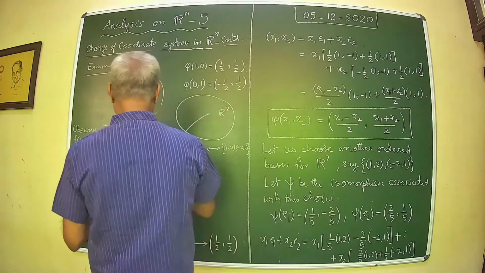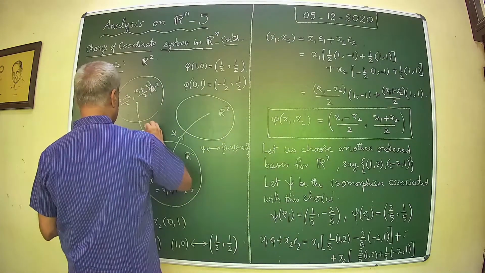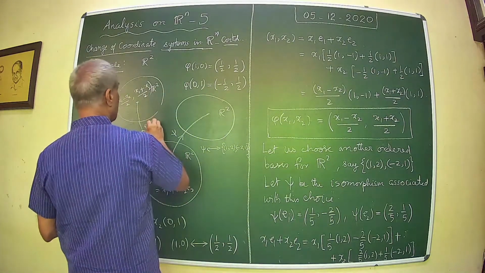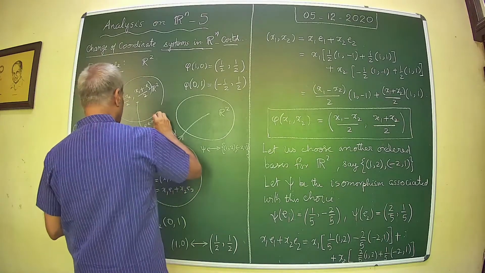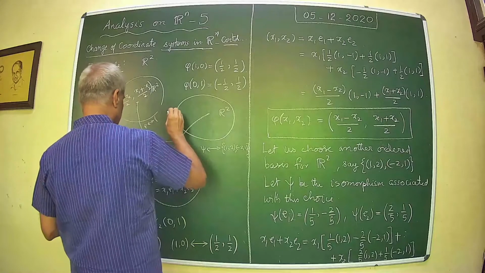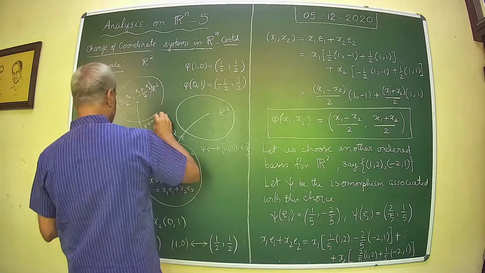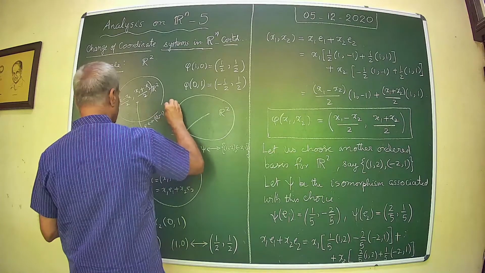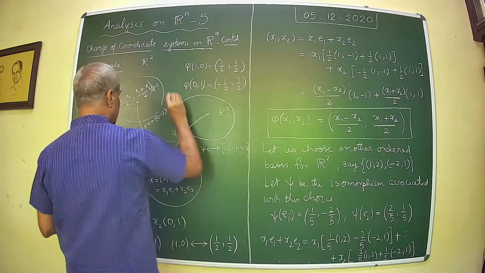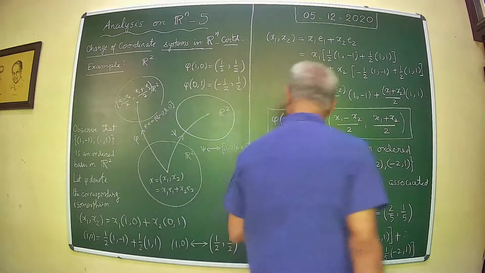And here phi corresponds to the basis (1, 1), (1, -1). This is the choice that you make.